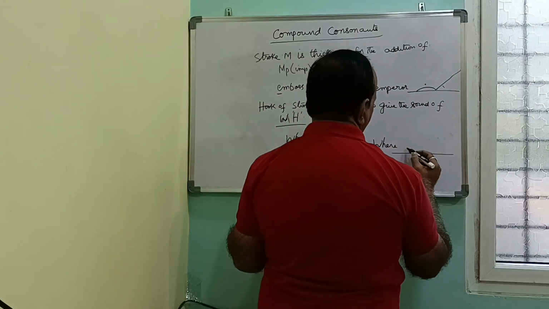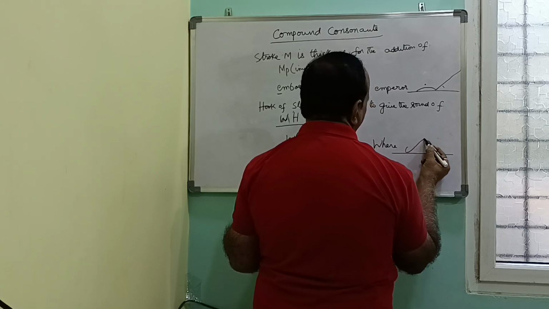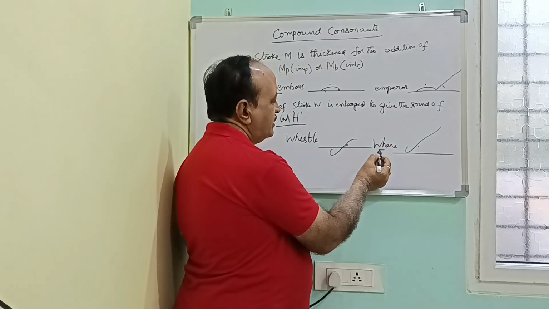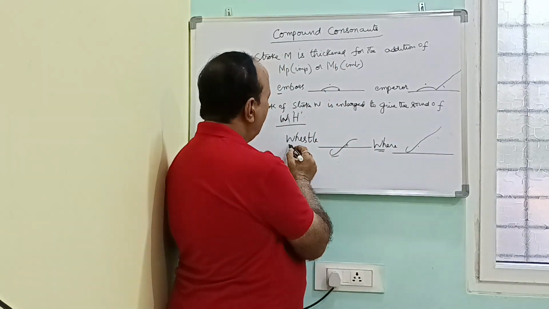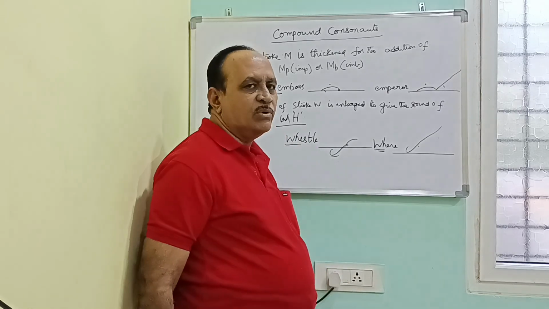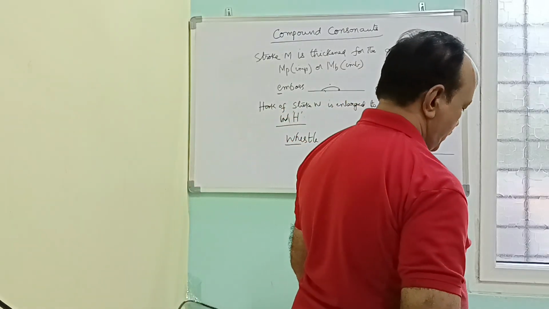The hook of stroke W I'm enlarging, writing way, then way here, where. Like this. Just enlarge. What I've done is I've enlarged the hook of stroke W to get the additional sound of WH here.